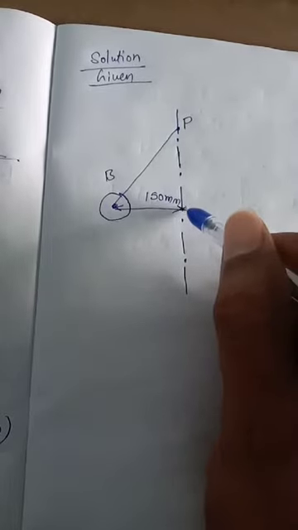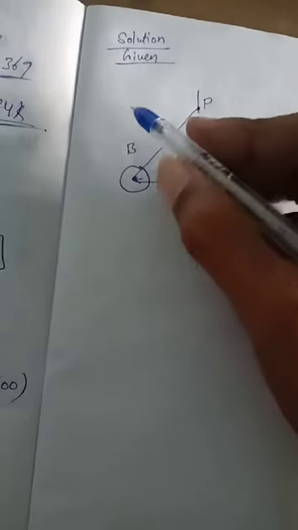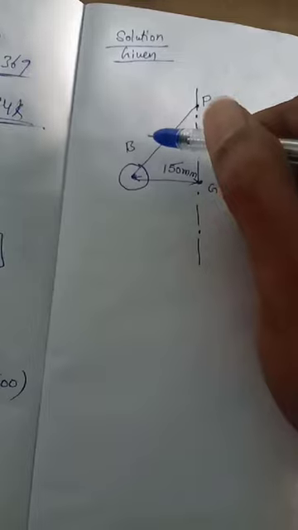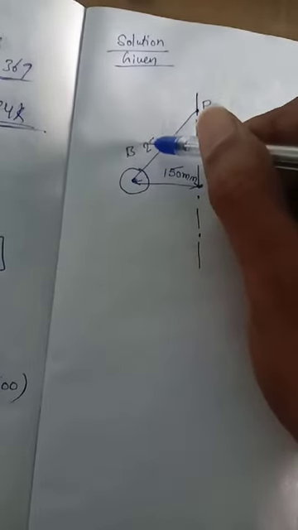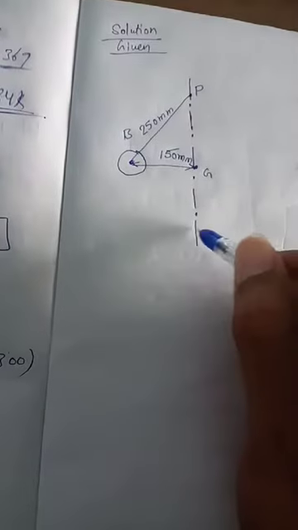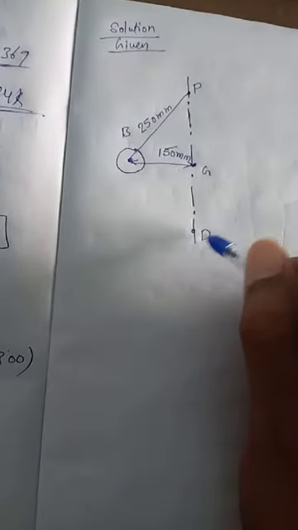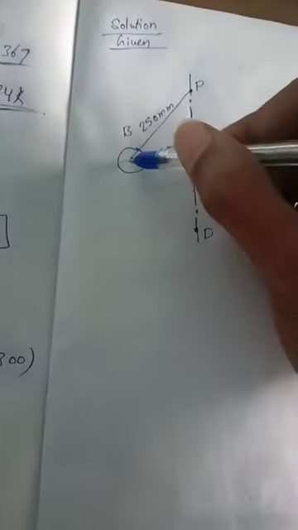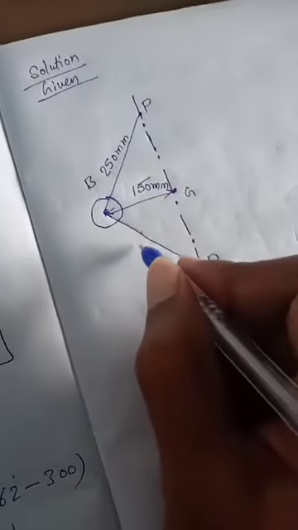This point is called G. Here the link is 250 mm, and here the link is called D. This is also 250 mm.